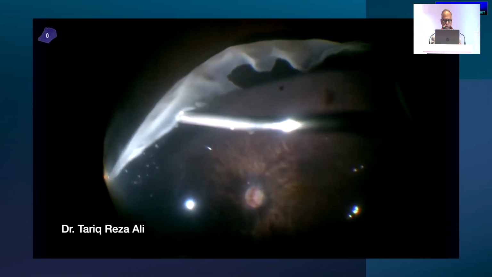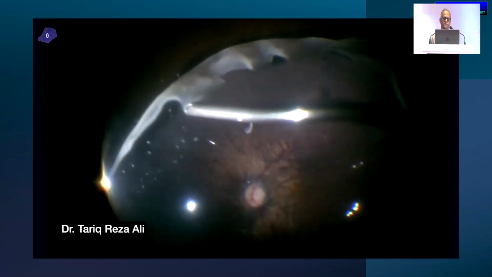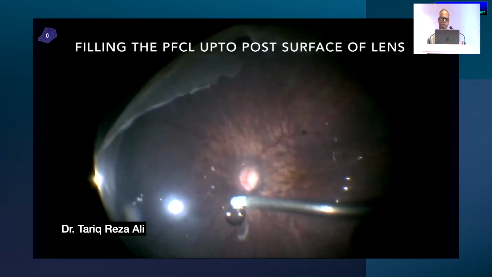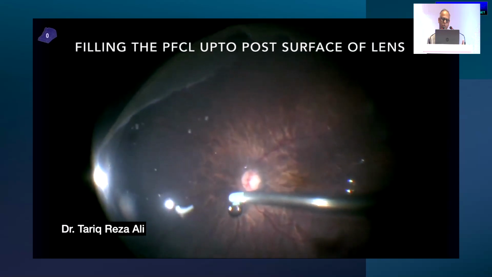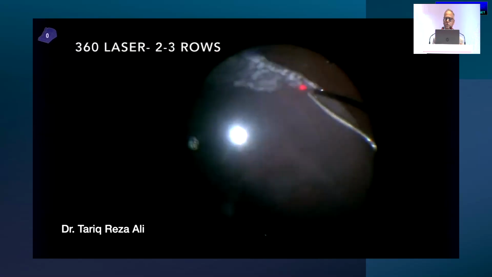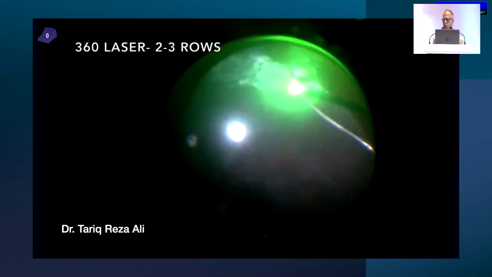So this is the trick: we'll go for PFCL silicone oil exchange. You can do it simultaneously, or as I told, you can do fluid air exchange, then put the silicone oil. But here, slippage is possible, so I prefer to go for PFCL silicone oil exchange.